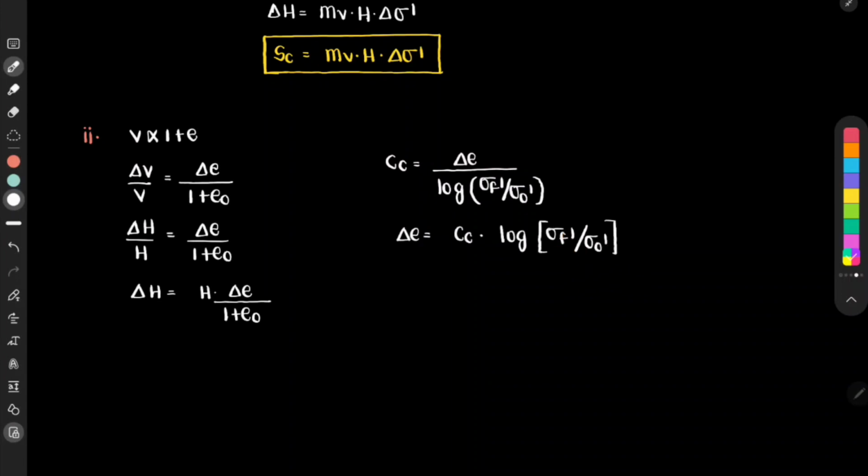In the place of delta E, we write Cc times log sigma f dash by sigma naught dash. Then this equation will become delta H is equal to Cc by 1 plus E naught times H, as I brought 1 plus E naught forward.